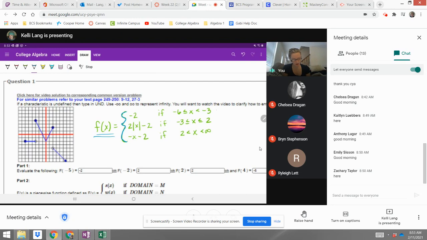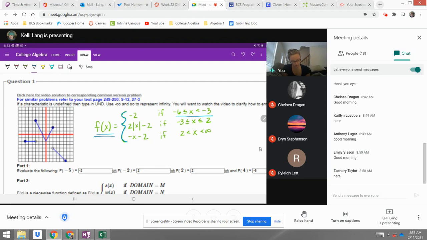So the first one on the top says our function is equal to -2 if x is between these values. And if we look at our graph, between the values of -6 and -3, we do have the function equal to -2. So that is just the first piece of our three-part function for this domain.